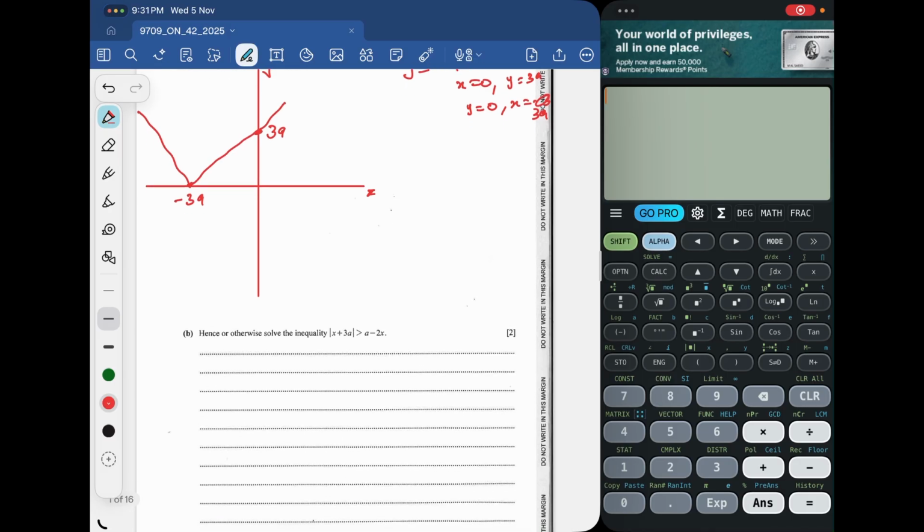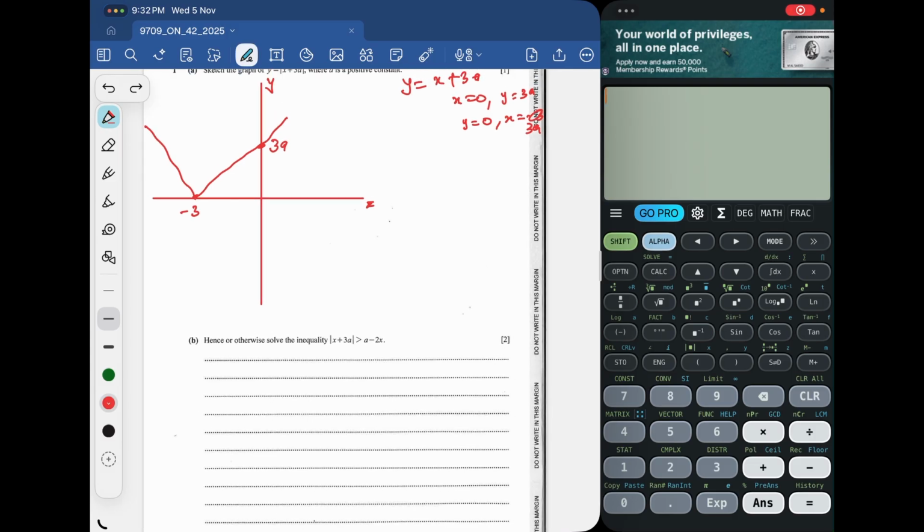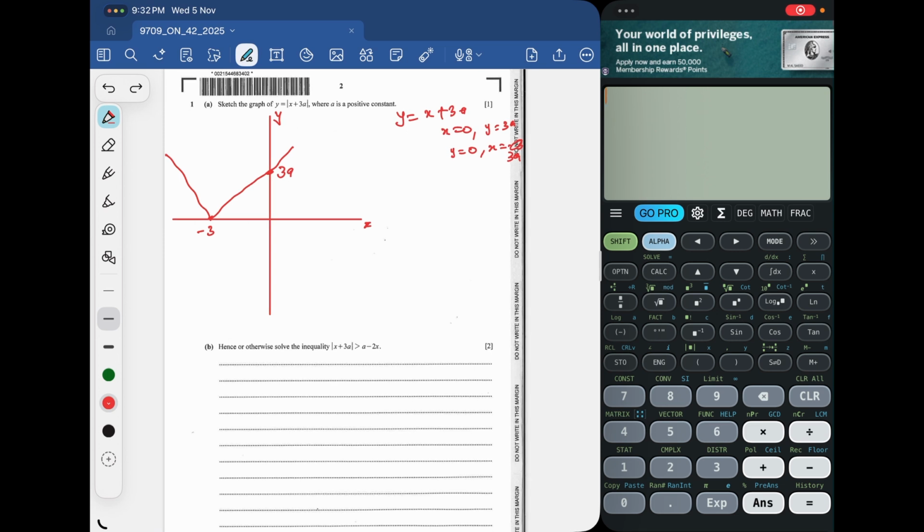Now for B, we need to solve this. When there's modulus on one side, I always recommend doing plus minus, remove the modulus and just keep plus minus on one side. So this is plus minus x plus 3a greater than a minus 2x.